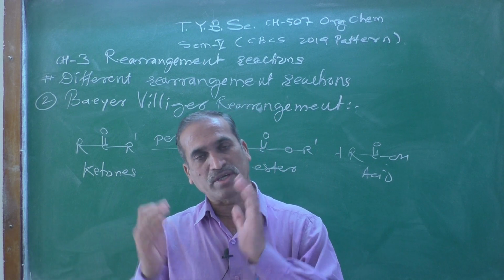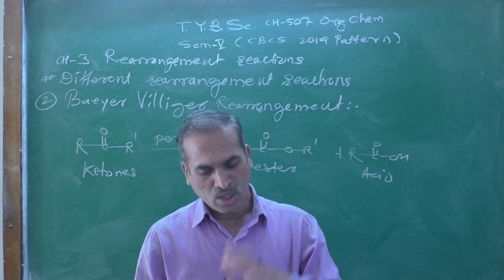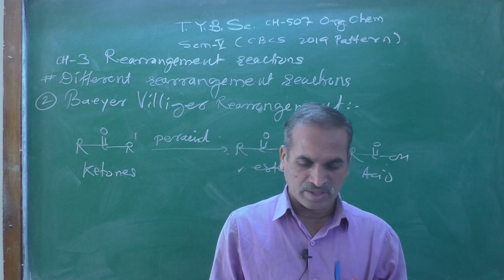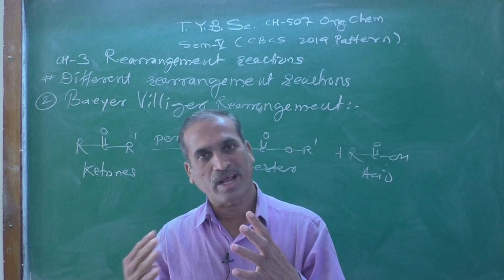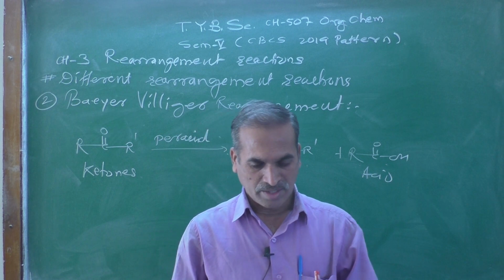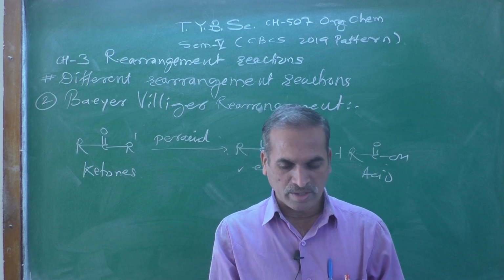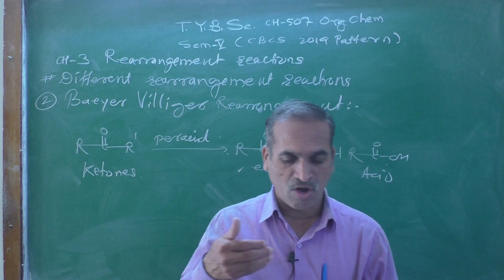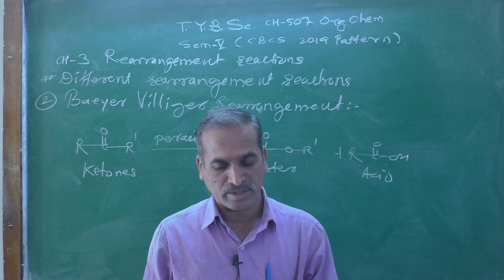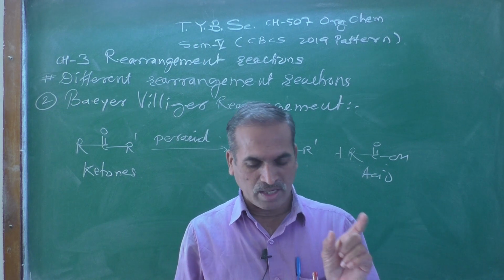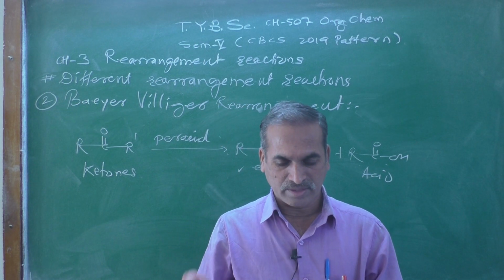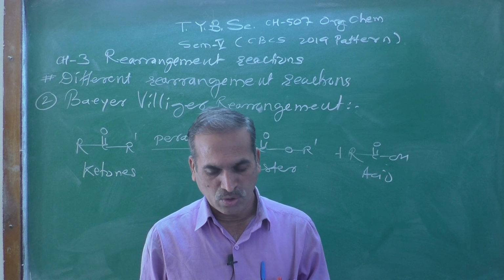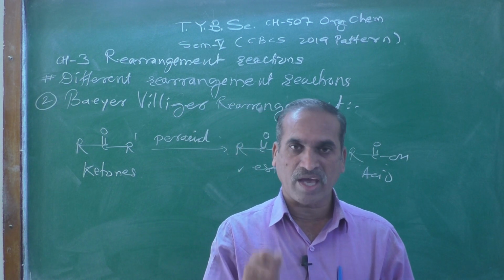Thus the reaction involves the oxidation of ketone to ester on treatment with peracids, and the net overall reaction is an insertion of an oxygen atom between the carbonyl carbon and the adjacent carbon in the ketone molecule to give an ester.